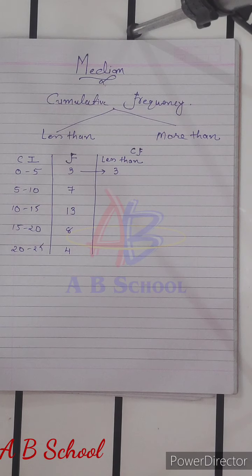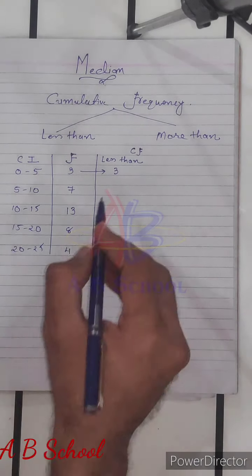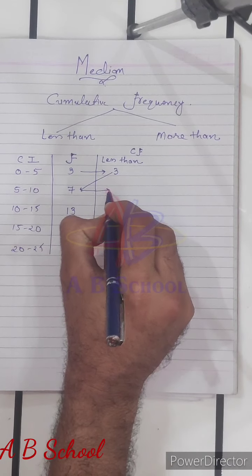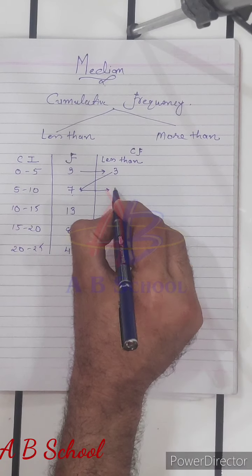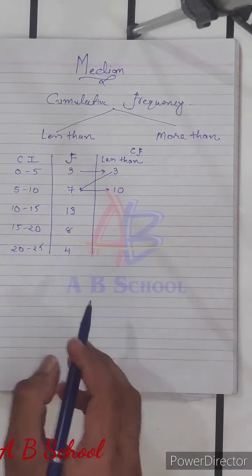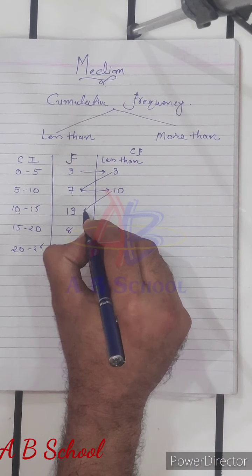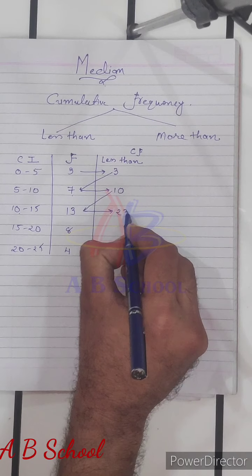So for less than type cumulative frequency, the first data we need to write same which has been given to us. The second class cumulative frequency is the addition of the first class cumulative frequency to the frequency of the second class. So 3 plus 7, that is 10. Then 10 plus 13, that is 23.